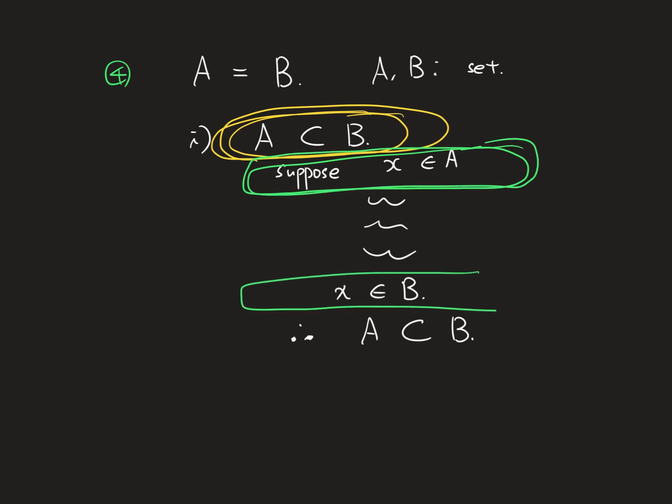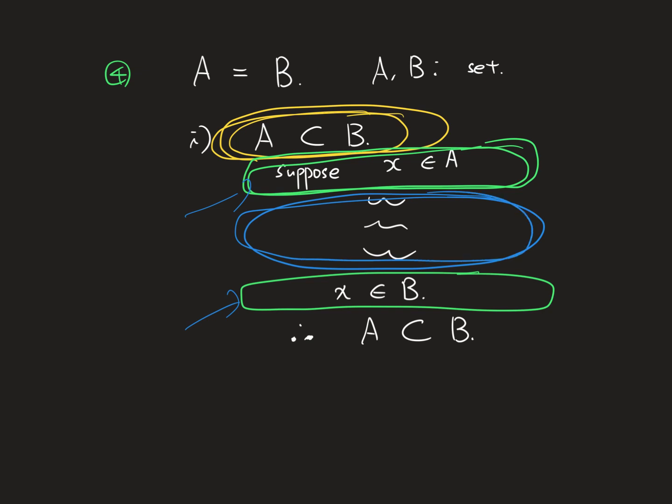This is the end of the proof. What you need to do is just fill out the middle. But usually it's very easy, because you know the start, and then you know the end, and then you just fill out the middle, and then your proof is done.